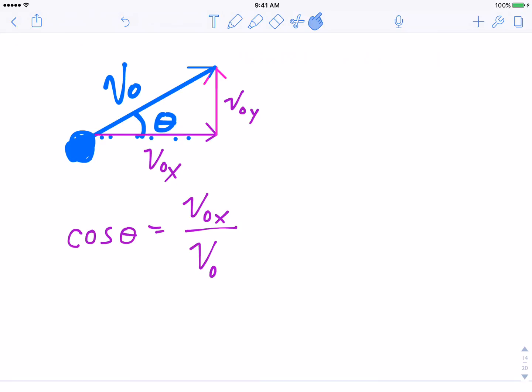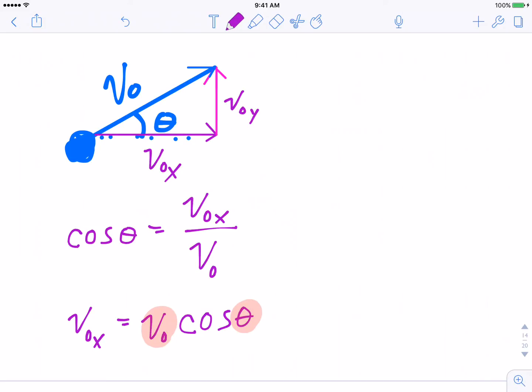And if I want to solve for V0x, I'm going to say that V0x would be equal to V0 cosine theta. Now I'll quickly point out this is good because now we have V0x, and what we would say is in terms of V0 and theta.